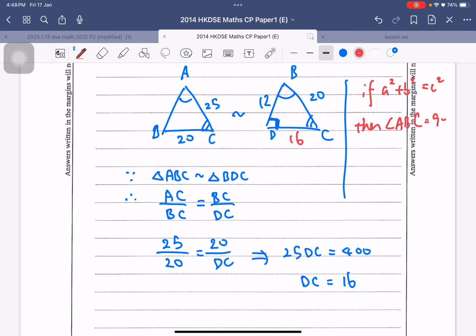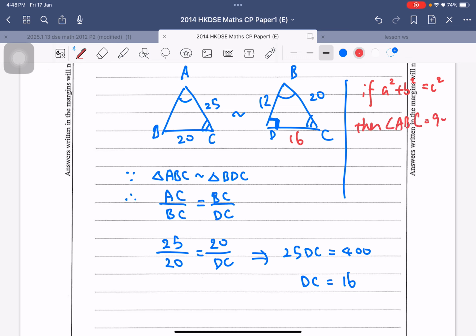So now we can consider 12 squared plus 16 squared, which is equal to 400. Just equal to 400. Then we can also say consider 20 squared is equal to 400 as well.